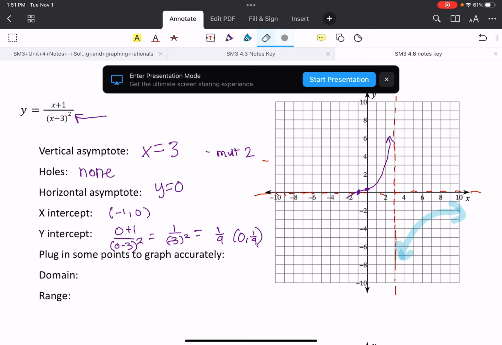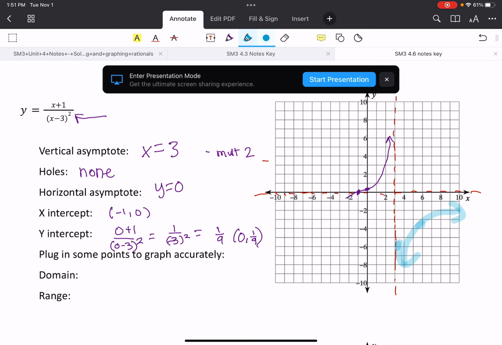Because you think it's going down when you first start graphing it, but then it actually goes up. Yeah, because look, this one's approaching infinity and this one's approaching negative infinity. I'm just saying, forget about everything else on the graph. Just look at the vertical asymptote.